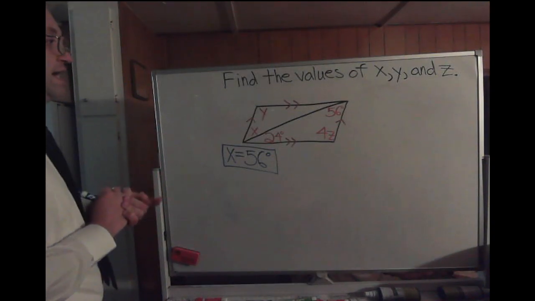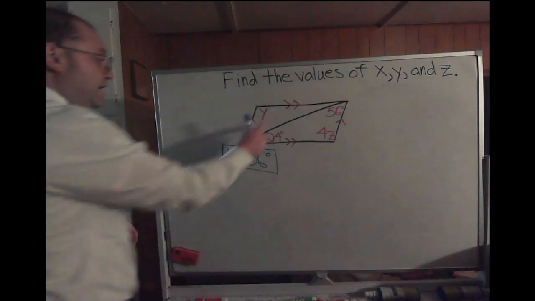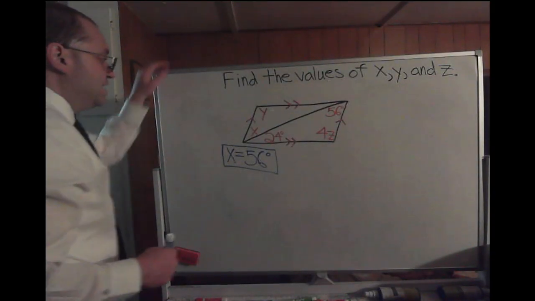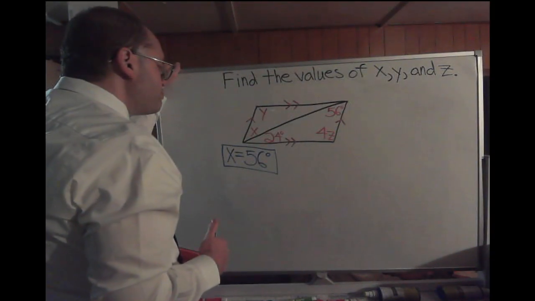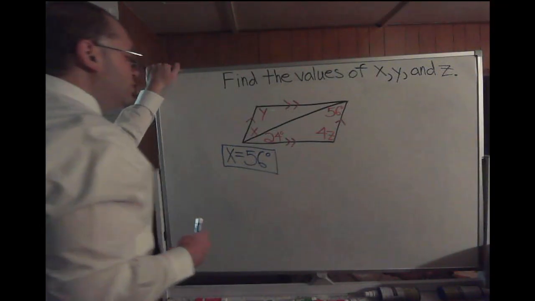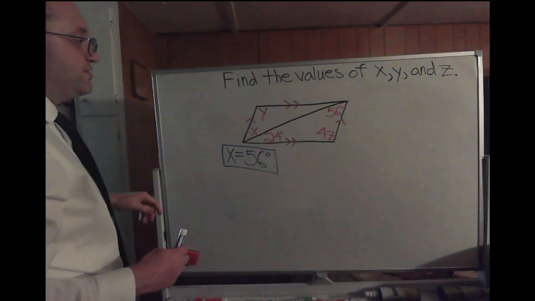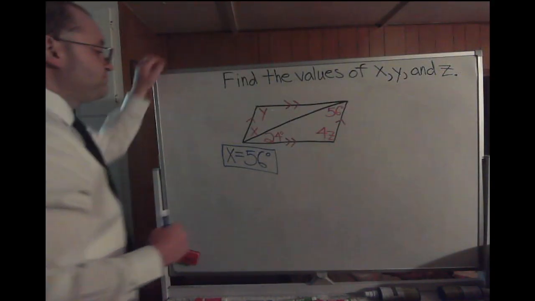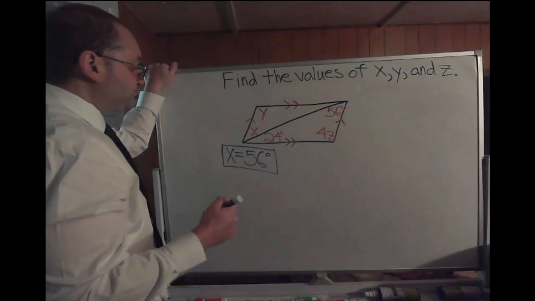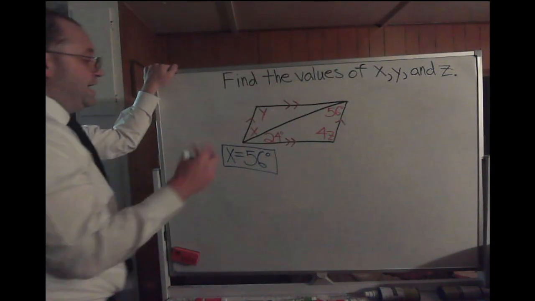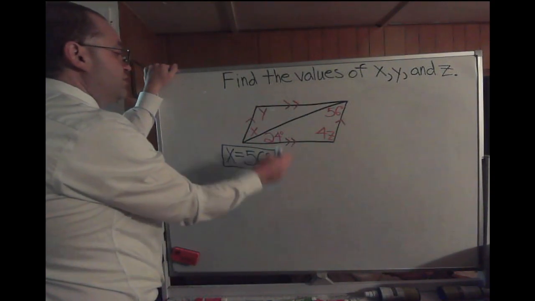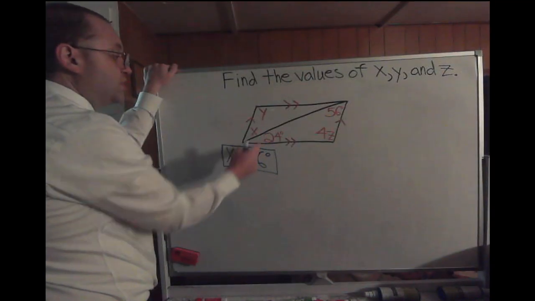Having found x, let's look at y. Yeah, let's look at y here. So we know this is going to have to be clever because in a parallelogram, in lines that are parallel, remember same side interior angles are congruent.